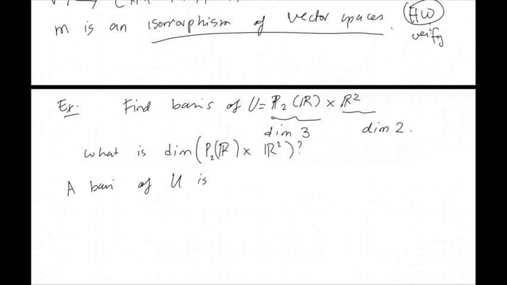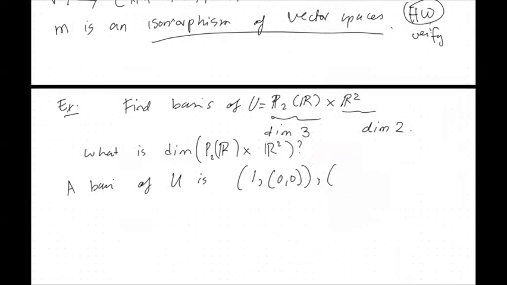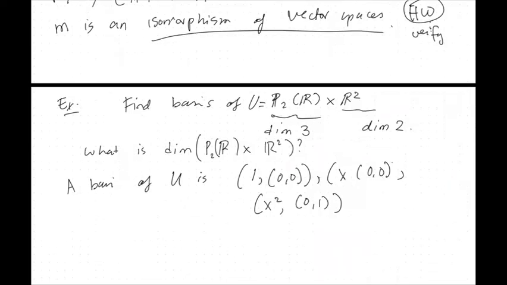For the first one, we just have 1, where the first element is a polynomial and the second element is a vector in R2: (1, 0, 0), then (x, 0, 0), then (x squared, 0, 0), then (0, 1, 0), and the other one is (0, 0, 1).